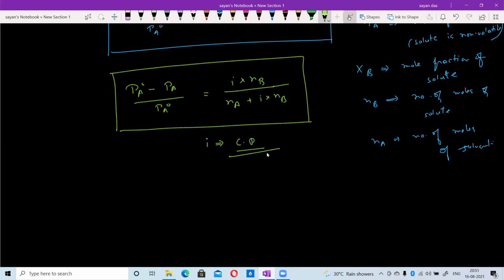I am giving you one question regarding this part. Already all this stuff is discussed; I am just giving you one easy question. You have to solve this one.